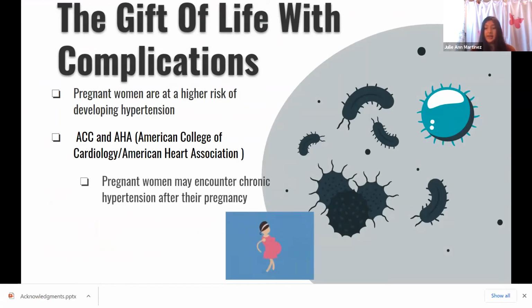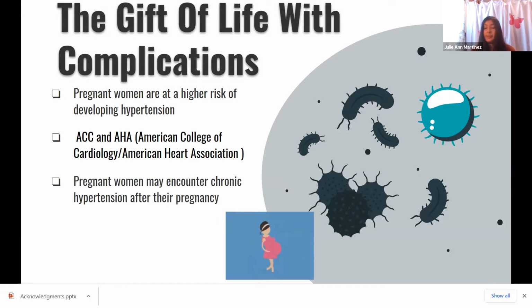These guidelines were used to determine if the hypertension in pregnant women had increased or decreased in a certain span of time or age. And they ended up concluding that pregnant women may encounter chronic hypertension after their pregnancy.